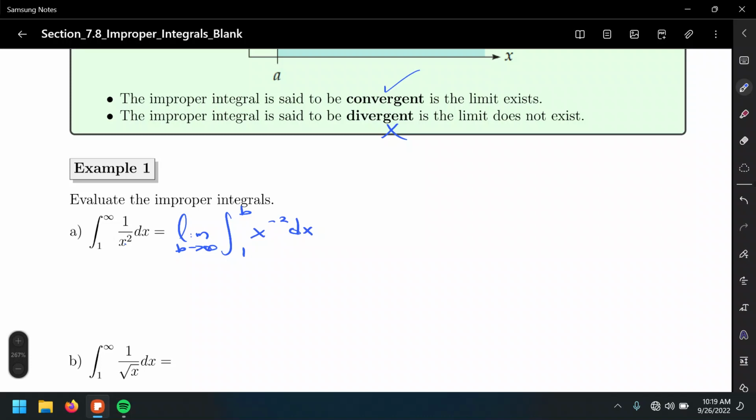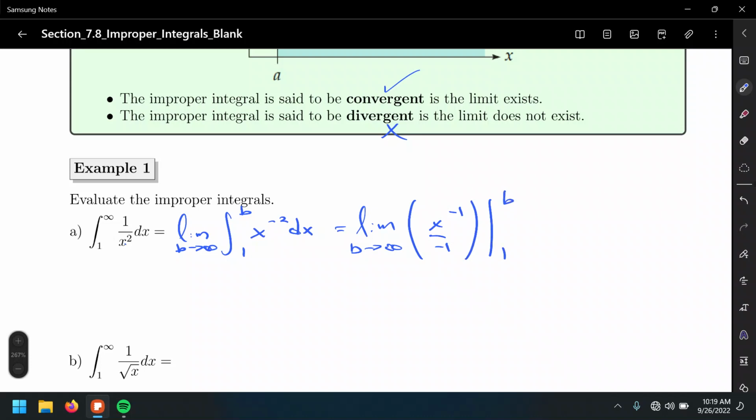All right. So using the general power rule, the integral of x to the negative 2, that's limit as b approaches infinity of x to the negative 1 over negative 1, evaluated from 1 to b.